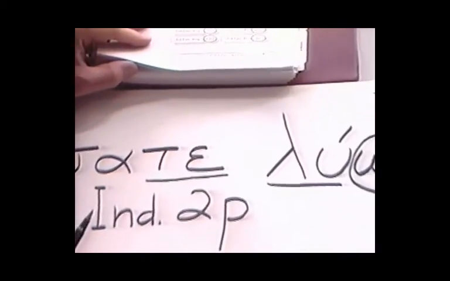Set 2 also has this tau epsilon ending, but there's also an epsilon connecting vowel. Set 3, there we go. Set 3 has the ending tau epsilon with an alpha connecting vowel in front of the ending. So we see that this ending tau epsilon is a second person plural ending. I'll just abbreviate that by saying 2P, second person plural.